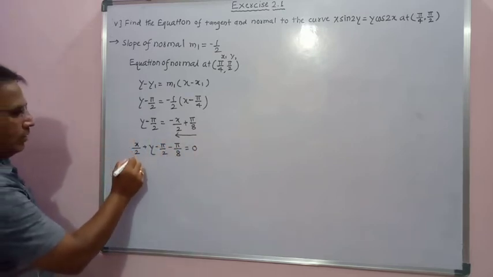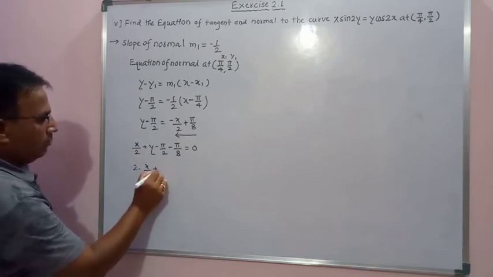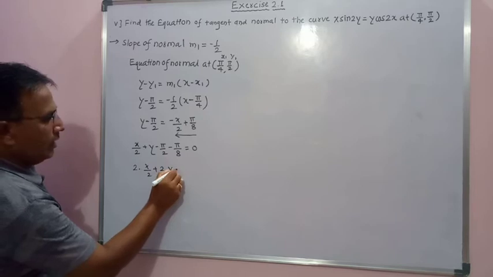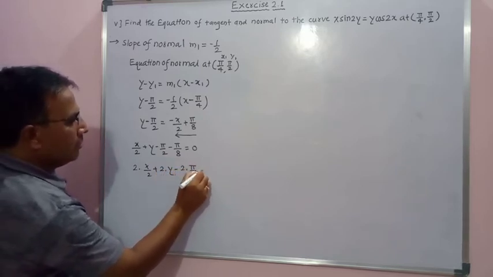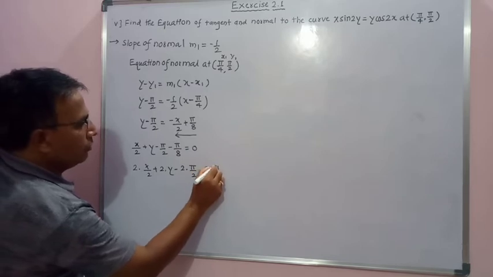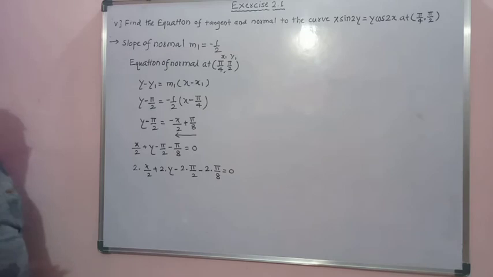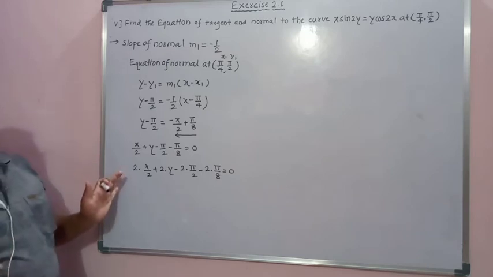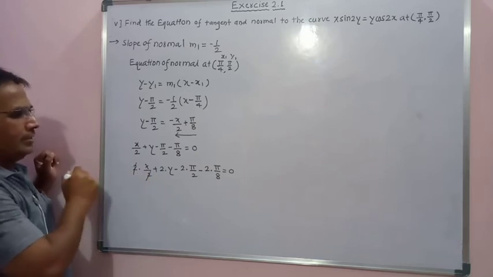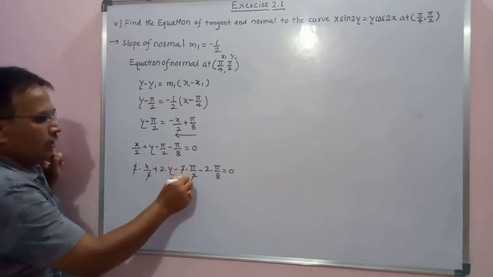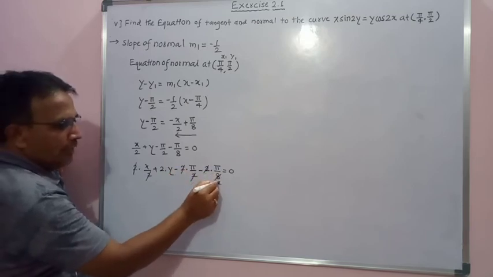Therefore, we multiply by 2 on both sides: 2 into x by 2, plus 2y, 2 into pi by 2, minus 2 into pi by 8, equals 0 into 2, which is 0. This 2 and this 2 cancel. 2 ones are 2, 2 fours are 8.